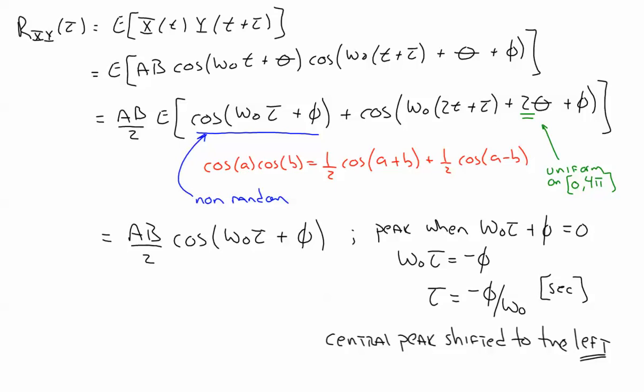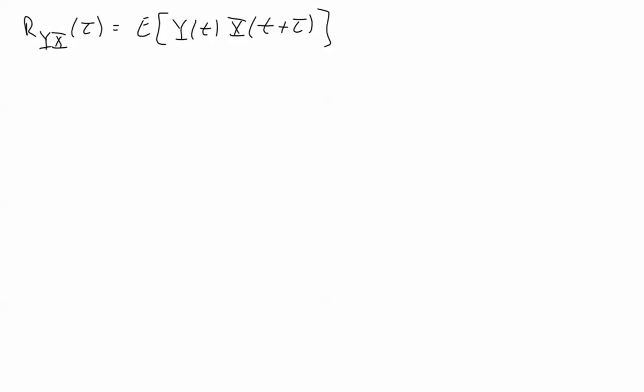Okay, well, what about r sub yx? What's that look like? Well, r sub yx of tau equals the expectation of y of t times x of t plus tau. And we know from one of our earlier properties that it's the mirror image of r x y of tau.